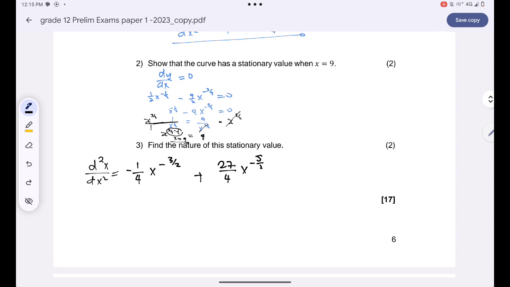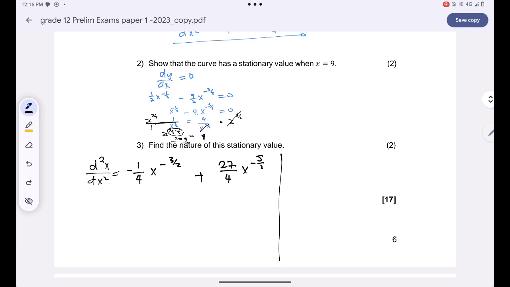Okay, if ever, guys, I substitute the value of x over here, if I get a positive answer, that means that x value is an x value at minimum. But if I get a negative answer, that means it's an x value at maximum. Are you together? Okay, let's just substitute over there.